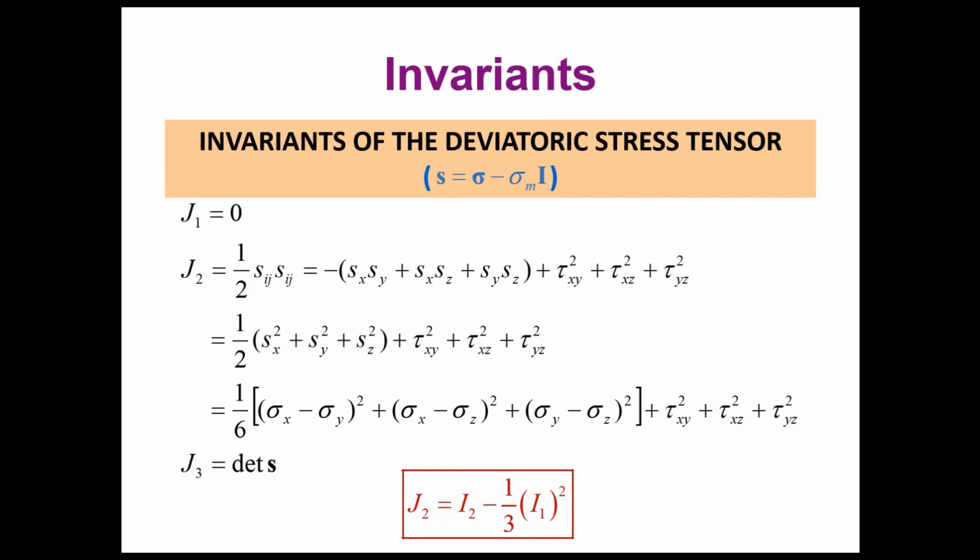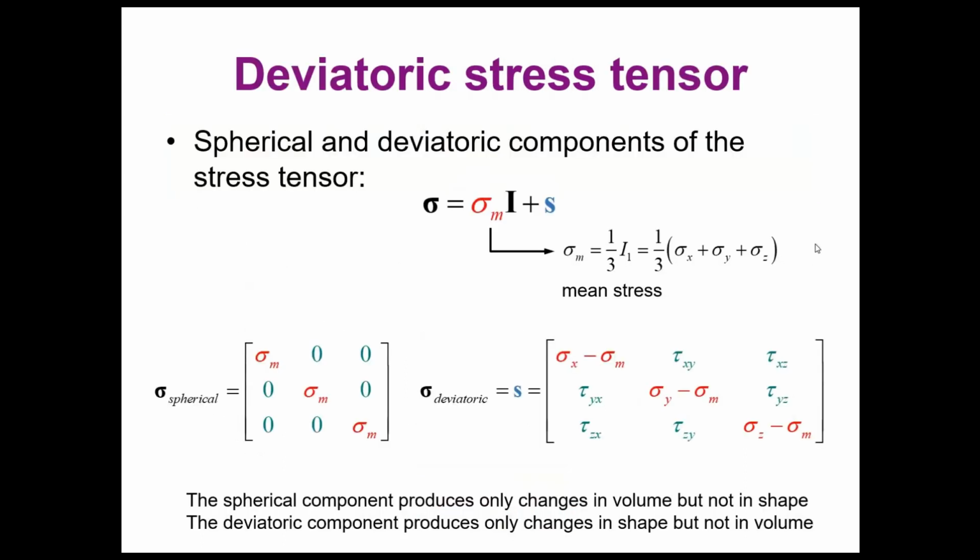Another thing that is important to know is that this deviatoric stress tensor that controls the distortions has invariants, and any tensor actually does. For example, here we can recognize this I1 is the invariant of the stress tensor.